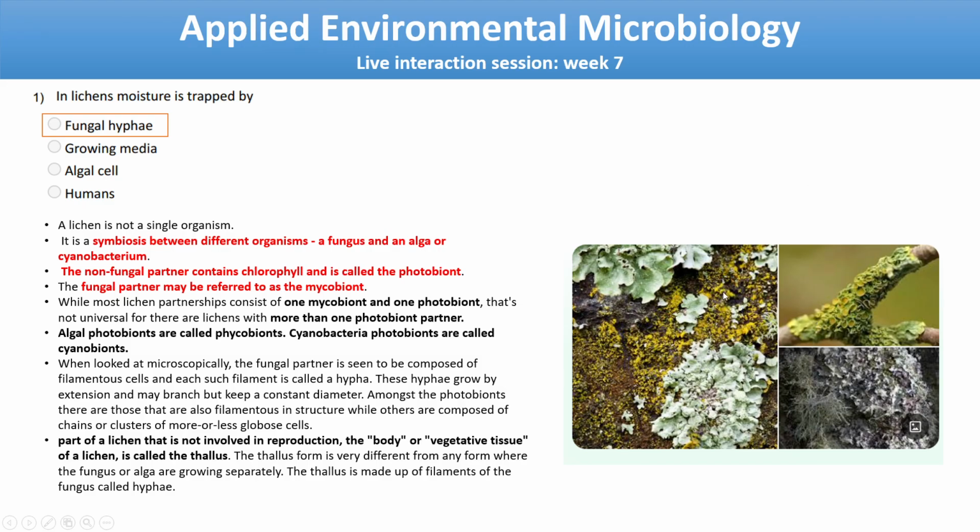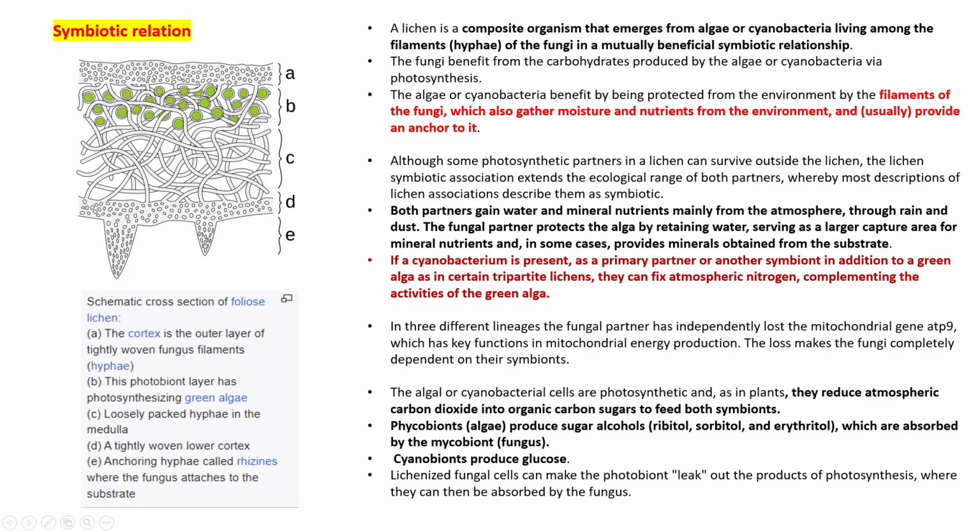These lichens are generally found around moist areas. So let's see how this symbiotic relationship exists in the lichen. This diagram shows a cross section of the lichen. This portion is the cortex, the outer layer of tightly wound fungus filaments, that is the hyphae.